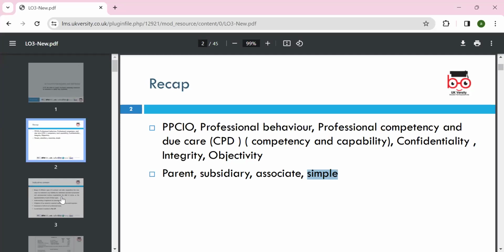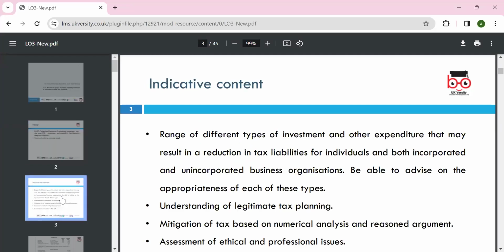Okay. So today's lesson is our indicative content, which covers the types of investment and expenditures that result in a reduction in tax liability, both in incorporated and unincorporated businesses. I wish we will achieve these objectives at the end of the lesson, and our discussion will be focused on this.